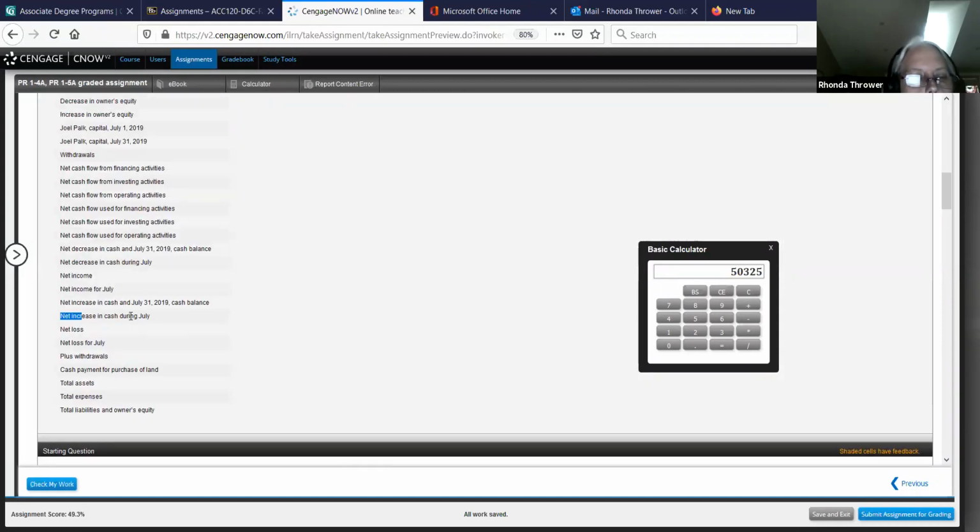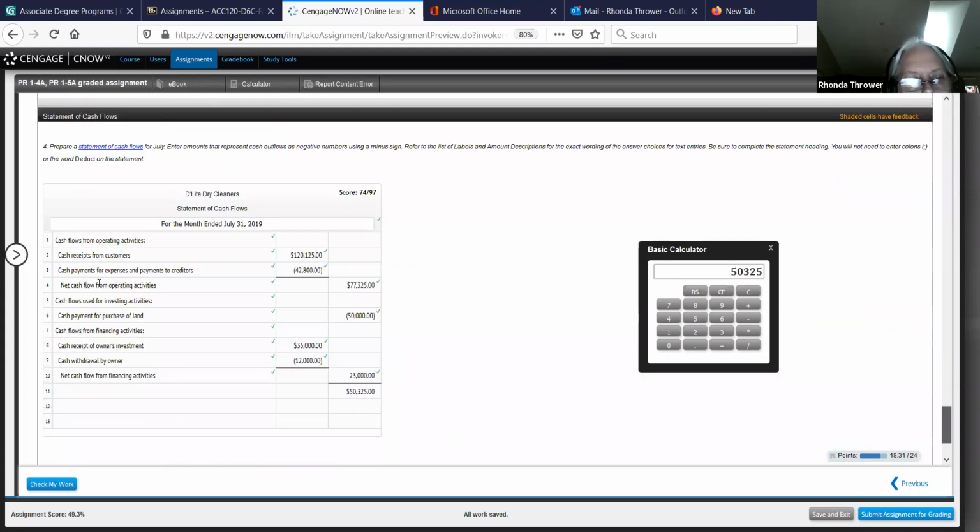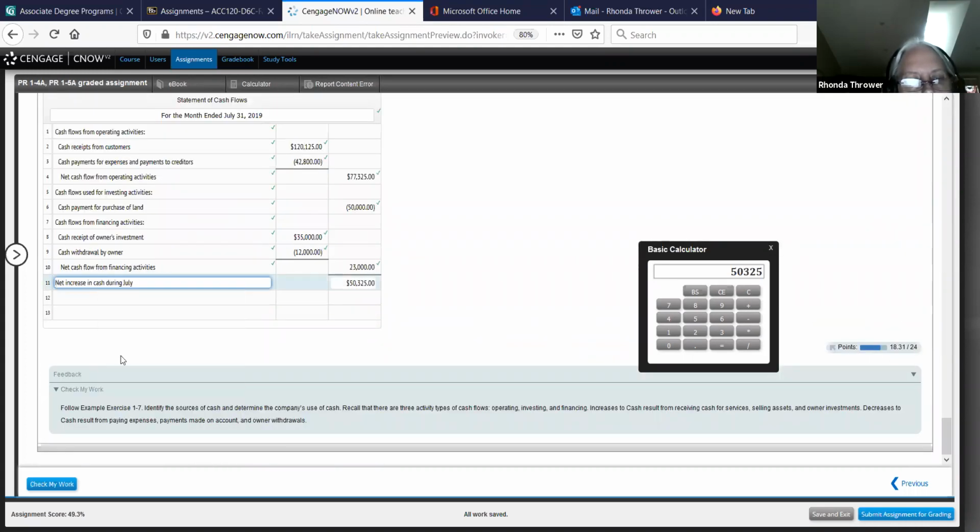And let me try this and see if this will work. Net increase in cash. The net increase in cash is 50,325.